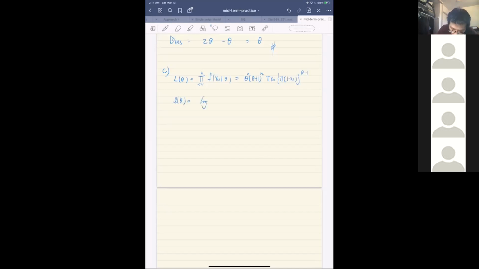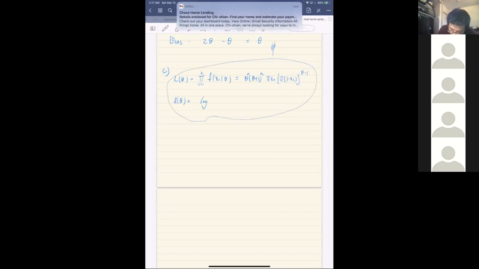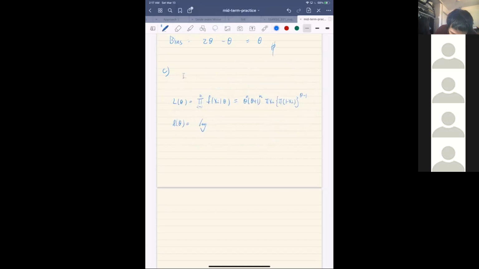So first, the Fisher information matrix is equal to the average of the negative second gradient. I want to calculate this first.